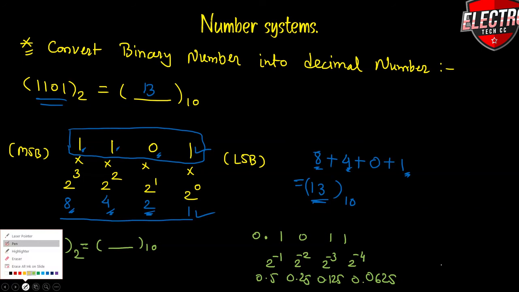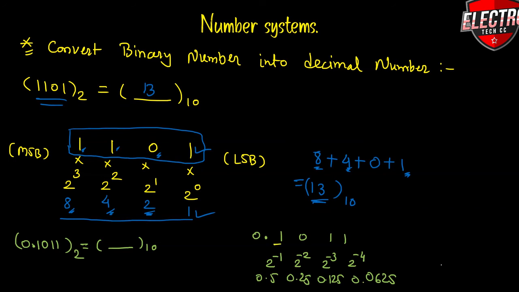Okay, now what we have to do? We have to check the given number, how many ones there are. The first bit is 1, so we write 0.5, plus the second bit, that is 0.